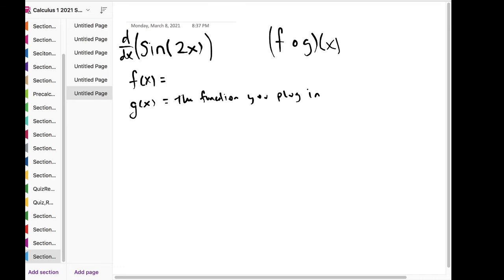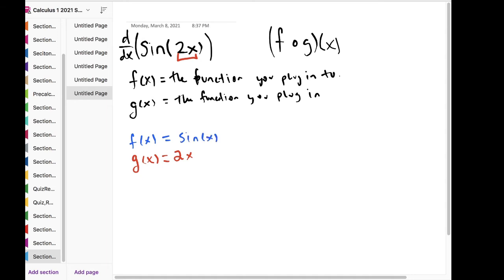And f of x is the function you plug into. Good, yeah, f of x is sine. Right, so in this case, what is the function I'm plugging in? I'm plugging in g of x is equal to 2x. What am I plugging into? I'm plugging into sine.